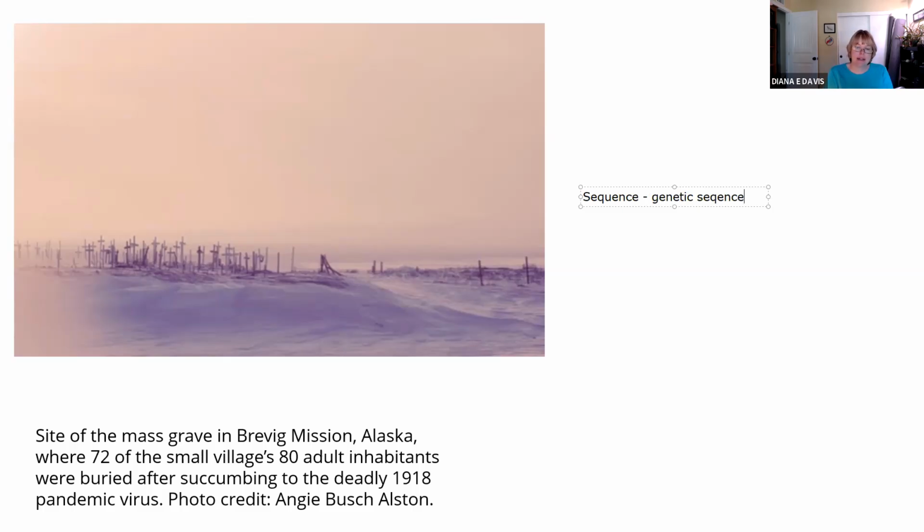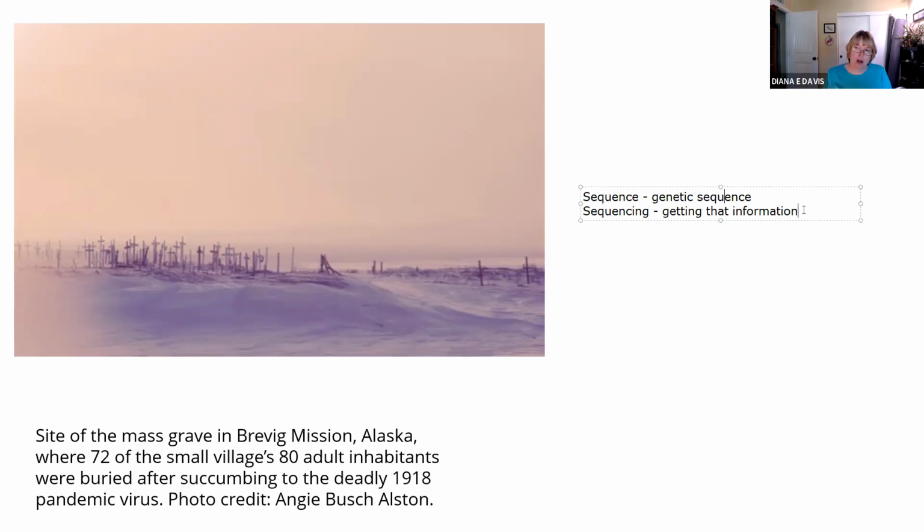So we can read all of the genetic code from these viruses. This means that we can confirm that it is the 1918, or that it is a flu virus, and we can look and try and figure out what exactly made this year so deadly.